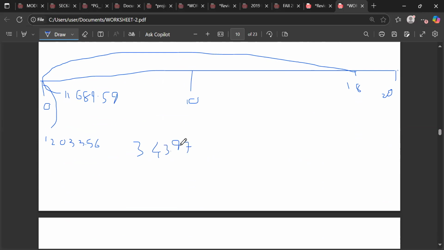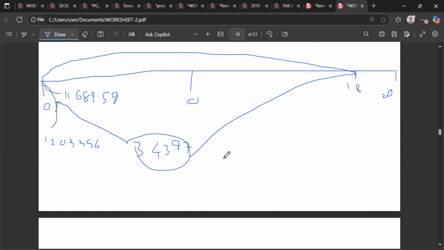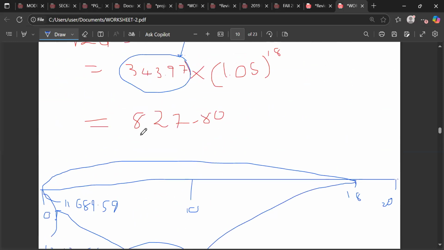But this 343.97 is the impact as at year 0, and we're trying to look at the impact in year 18. So we now move this amount to year 18, compounding by 5% to year 18. Now it gave us a final value of 827.80.